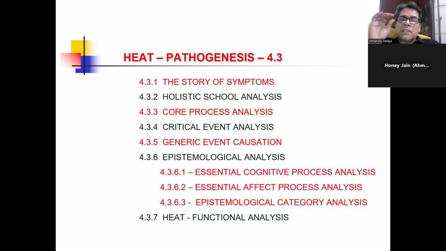Then once we have looked at all the schools and we have found the most plausible explanation, that then becomes the core process. So what will be the core process here?